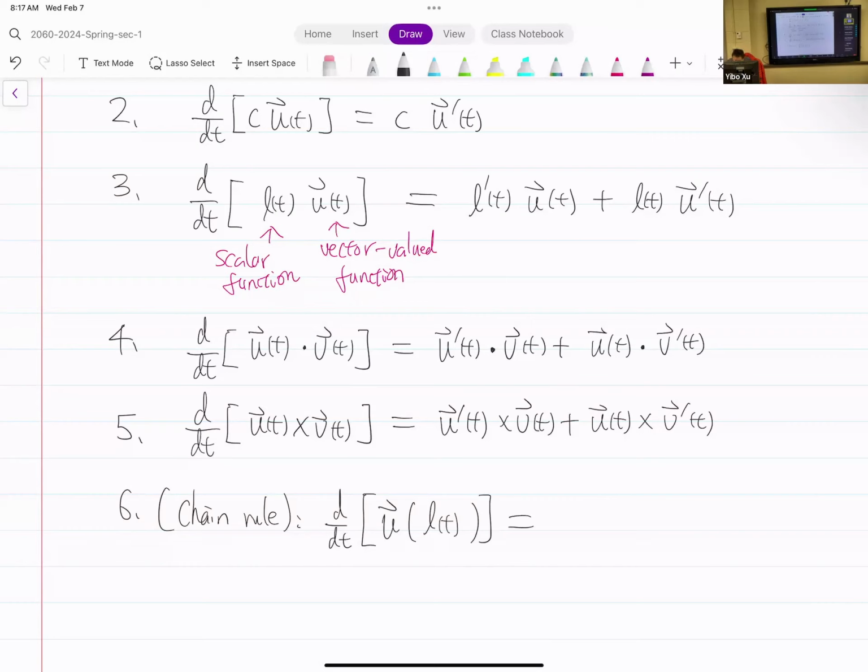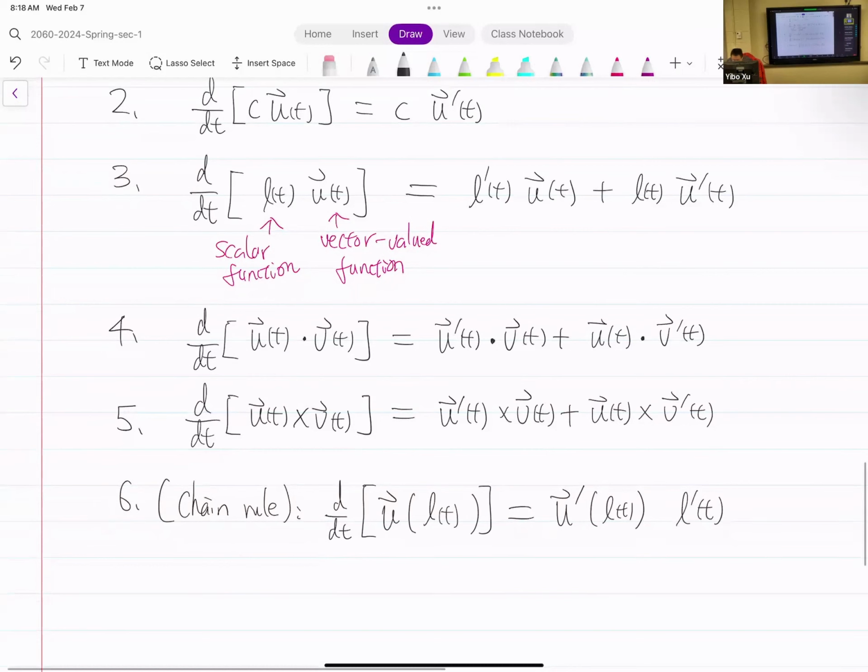So let's just write that down. The derivative of the outer, now we see u is a vector function, so the derivative of the outer is still a vector function, and so it's u prime. We evaluate at the inner, okay? And then we multiply by the derivative of the inner. And we notice that little l is a scalar function, so this part is a scalar function, but this part is a vector valued function.